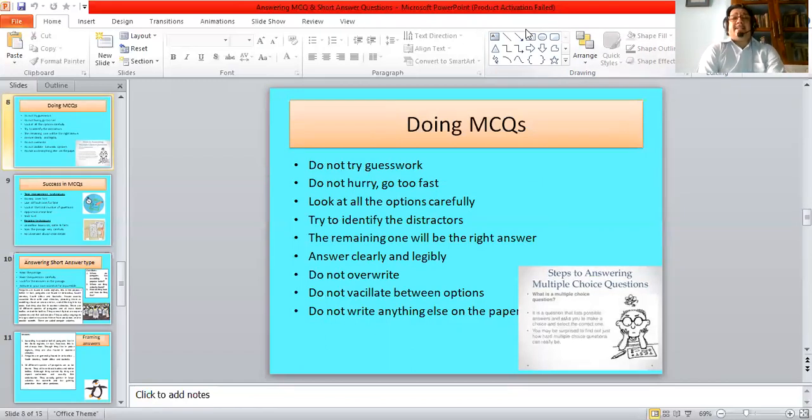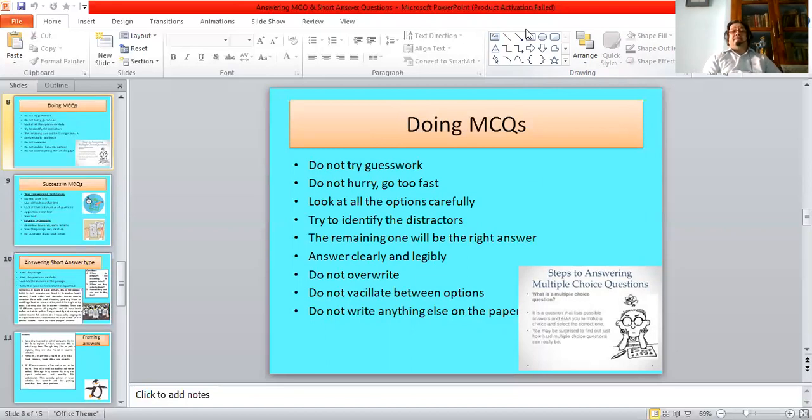And if you do that, it's really a pity, because it will just unnecessarily take away your marks. So don't hurry. Try to go a little slow. Don't go very slow, but don't go very fast either. Try to follow a moderate pace and look at the questions very carefully.